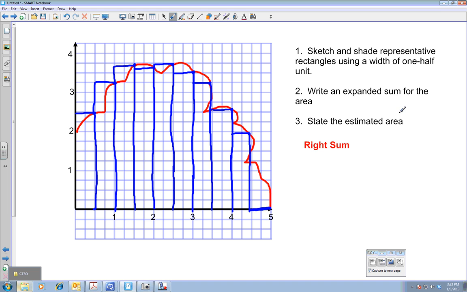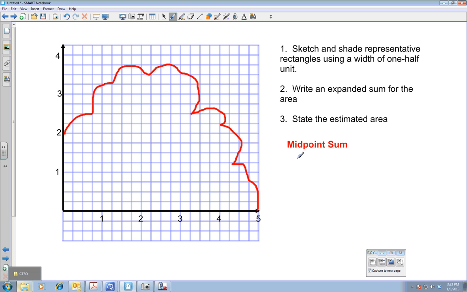Okay. The last one that we're going to talk about is where the midpoint has to touch. So if my base has to be 1/2, here's my entire base. My midpoint is right in the middle. So I'm going to go up and find where my midpoint will touch the graph and draw my rectangle. Okay, here's my next base.